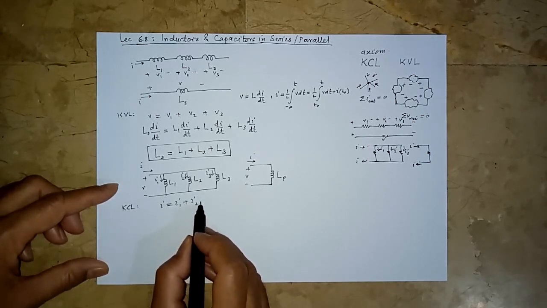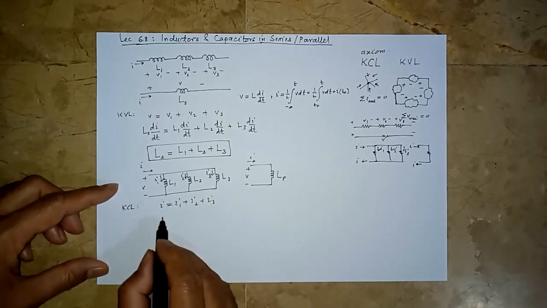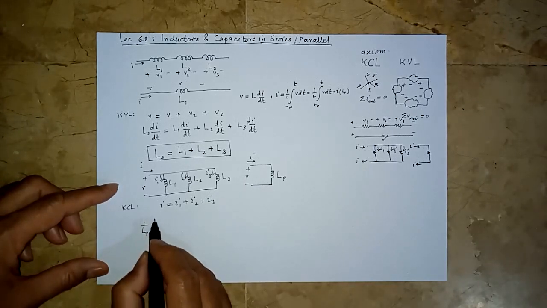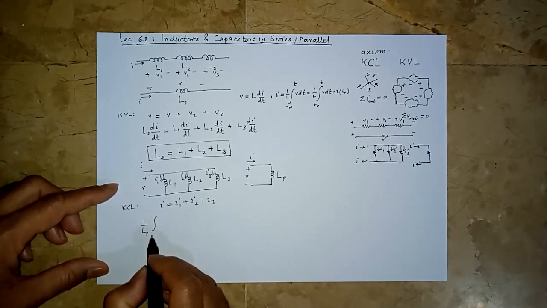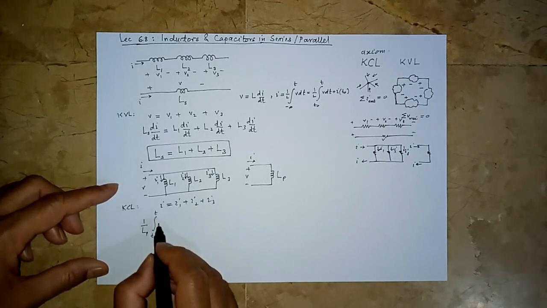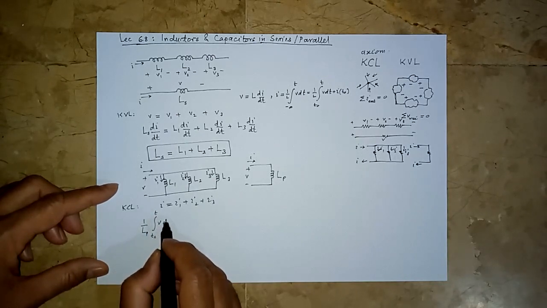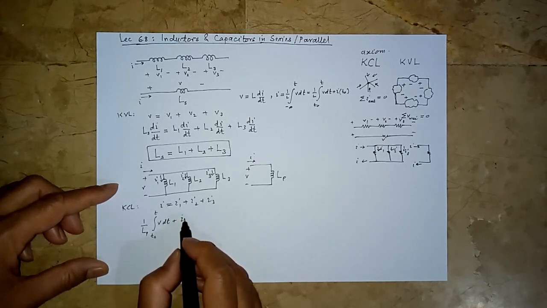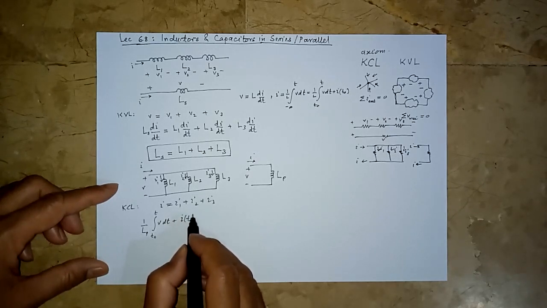I1 plus I2 plus I3 is the total current, and here I, for the equivalent, is equal to 1 over LP, an integral, let me use the difficult one, T naught to T of V dt plus the current of the inductor at T naught.